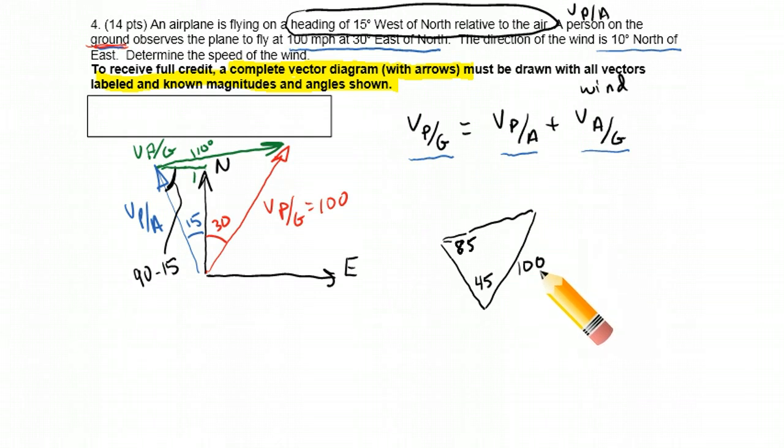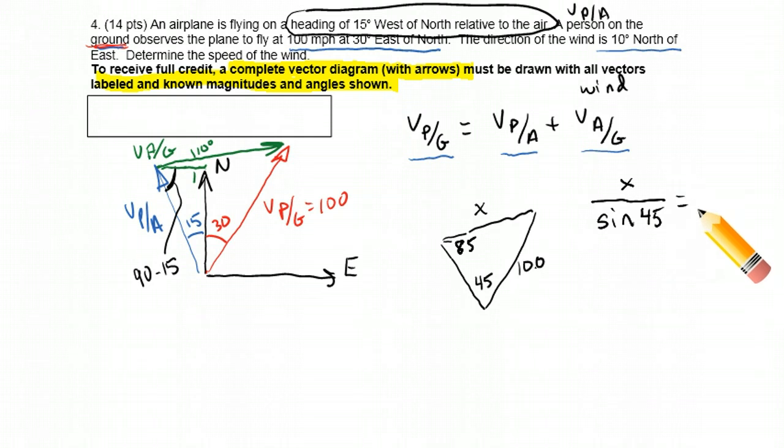We could use law of sines or law of cosines. Law of sines in this case is going to be quicker. I know this side and its adjacent angle. I want to find this side, and I know its opposite angle. So we could write law of sines right here: x over sine of 45 is going to be equal to 100 over sine of 85.